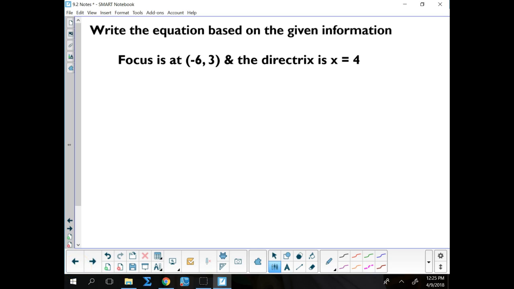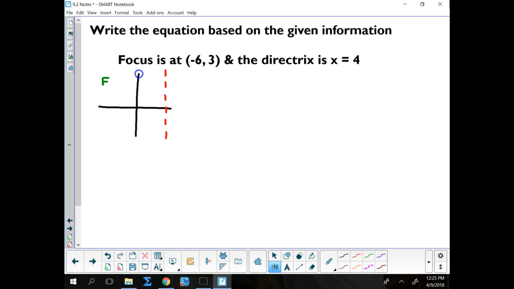All right, so we have here the focus over there, correct? I have the directrix over there, correct? Okay, first question is, which way does this open?